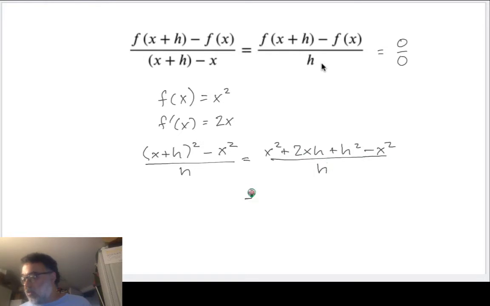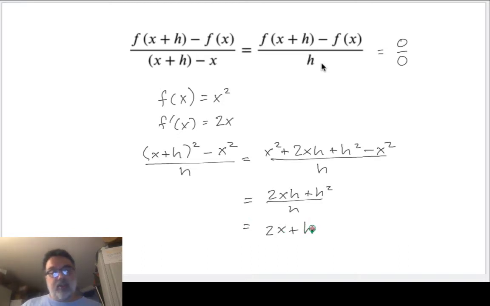And it simplifies down really nicely. So it's easy for us to say that, well, as h goes to 0, this would be just 2x.